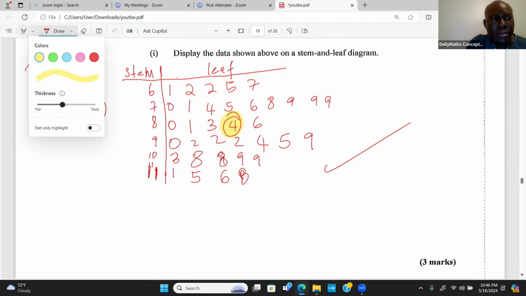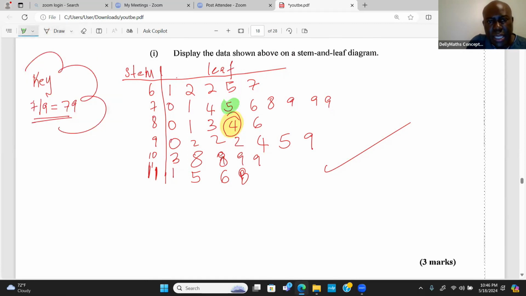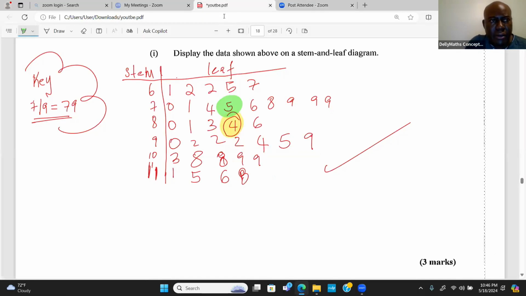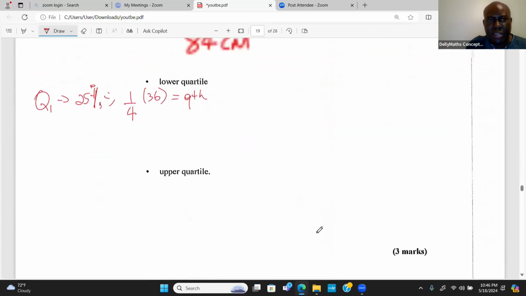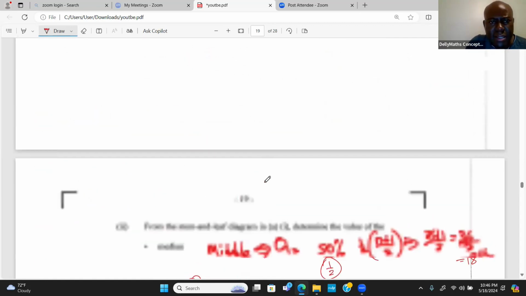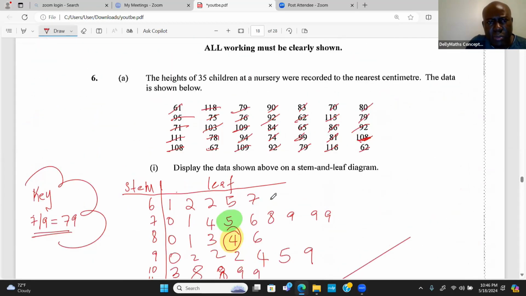My 9th term, we put it in green, is going to be right here, and it's 75. So Q1 is actually 75 centimeters. I think that's the measurement that they have. Let me look back. Yeah, to the nearest centimeter.